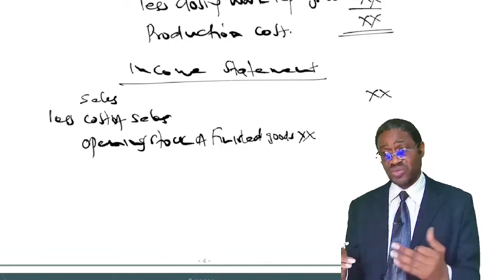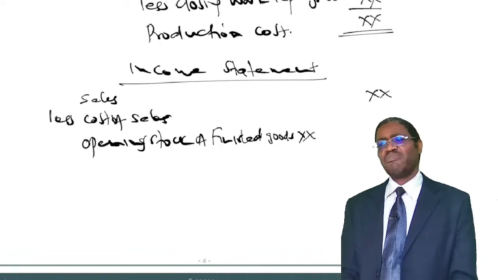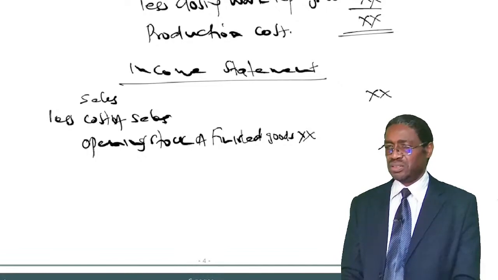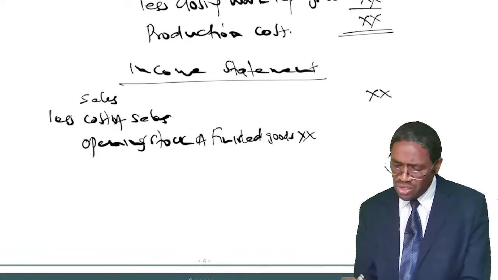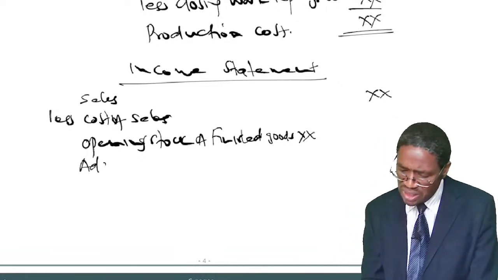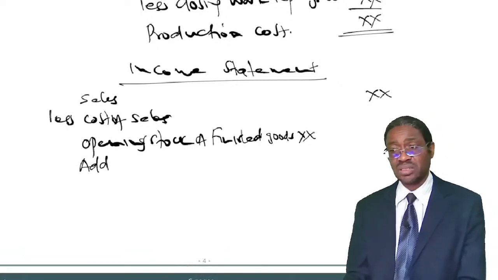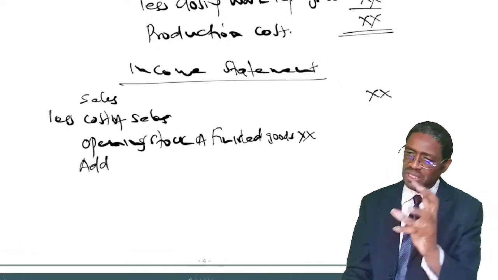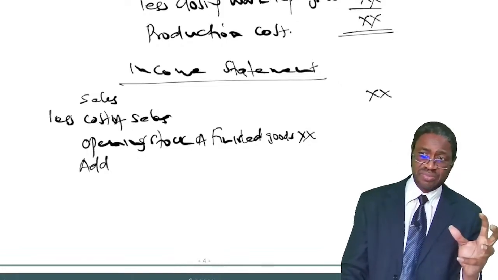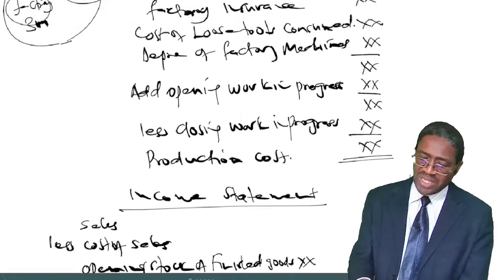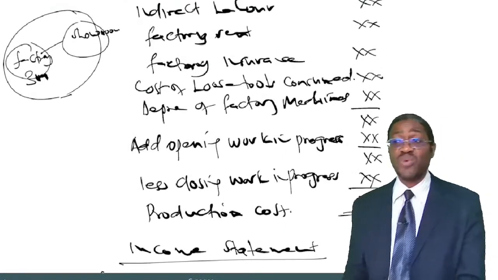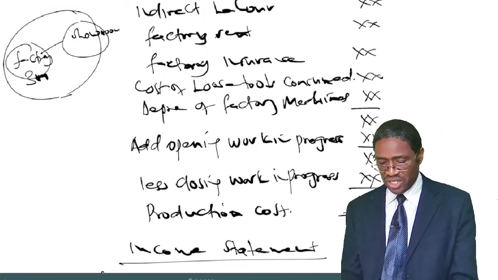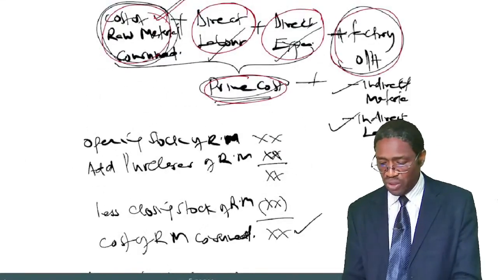But for a manufacturer, we normally don't add purchases here. Why? Because the factory, don't forget, we have just manufactured. And I told you, once they are manufactured, they are transferred to the showroom for sale.